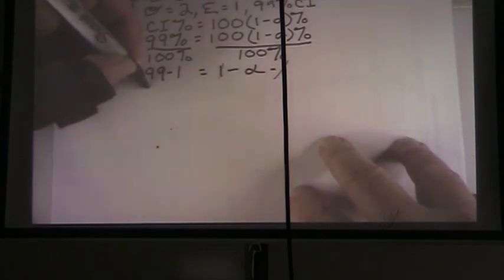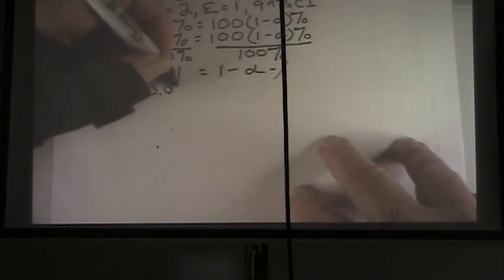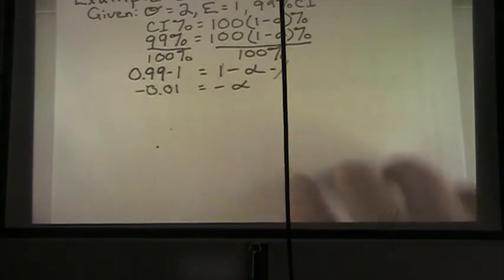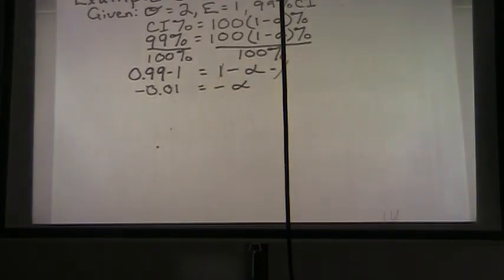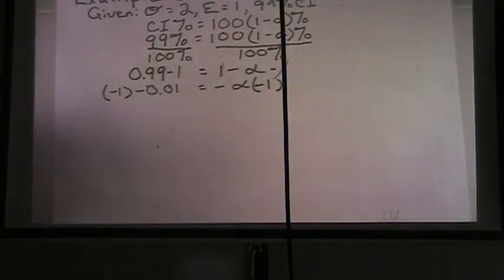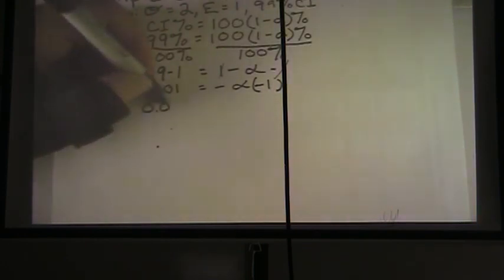Over here, I'm going to get a negative 0.01 equals negative alpha. A negative 0.01, I should say. Of course, then I just multiply both sides by negative 1 to get 0.01 equals alpha.